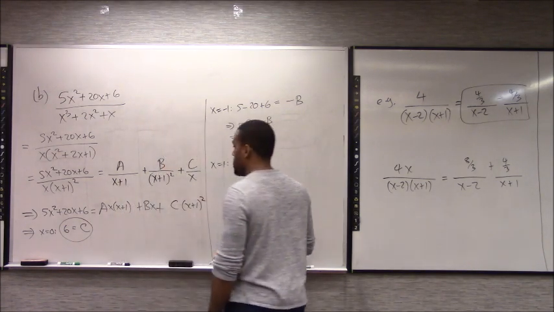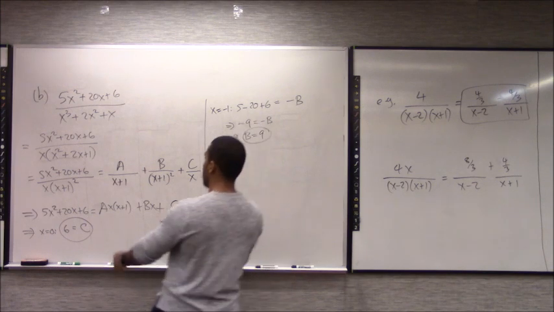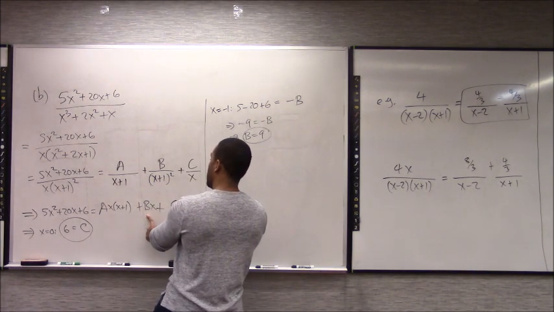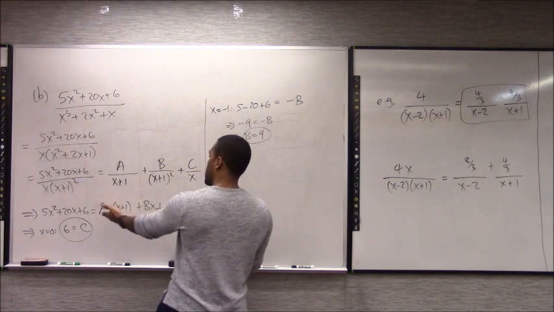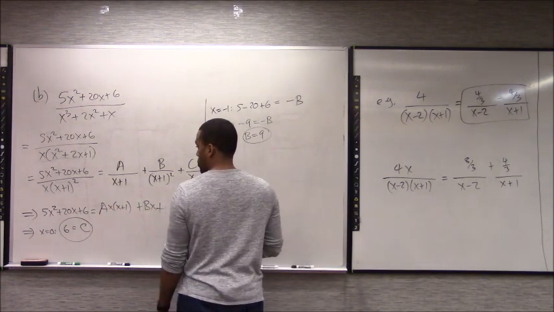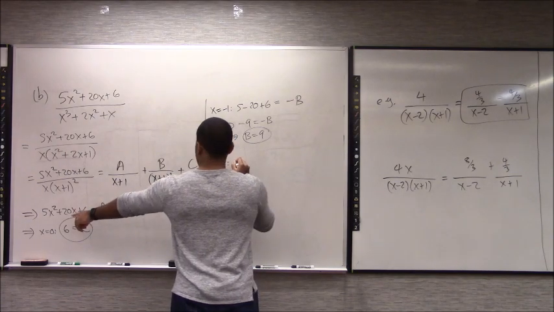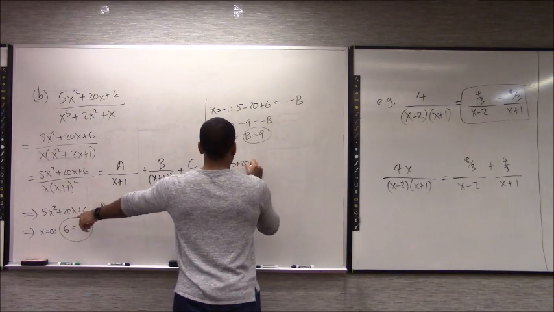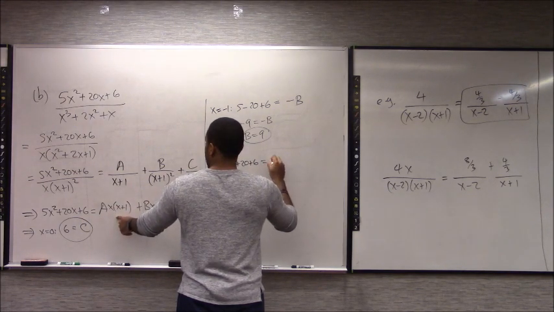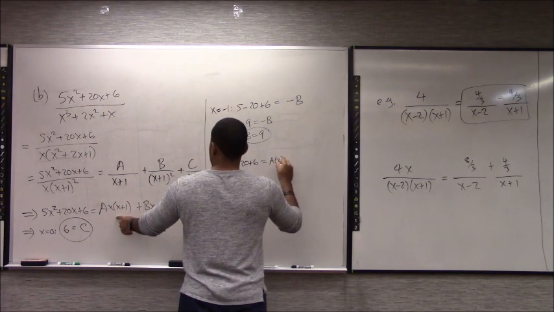Now it's not going to eliminate anybody, but because I know the values of c and b, I can plug these guys in, and if I also plug in the x values, a is going to be the only unknown left. So if I plug in, say, positive 1, on the left side I would get 5 plus 20 plus 6. Here I would get a times 2.